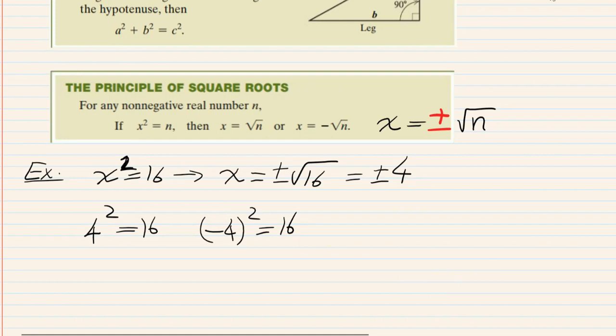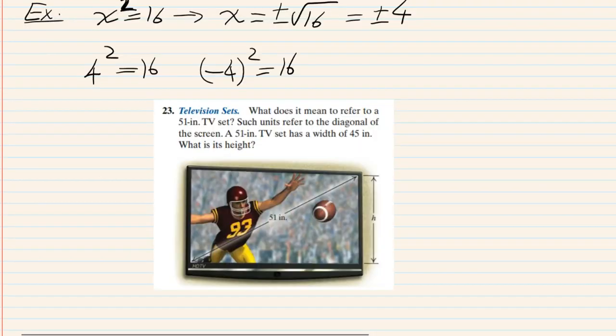Now let's take a look at an example where we can use the Pythagorean theorem. We have this example from your textbook. The question reads, what does it mean to refer to a 51-inch TV set? The reference to 51 inches is the measure of the diagonal of the screen. The measure of the diagonal means the distance from corner to corner, right?